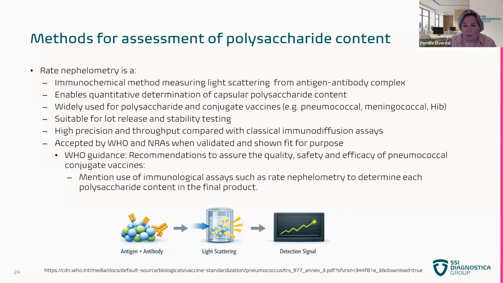It has high precision and throughput compared with classical immunodiffusion assays, and it's accepted by WHO and NARs when validated and shown fit for purpose. And it's actually one of the recommended methods by WHO in the guidance for quality, safety and efficacy of conjugated vaccines.